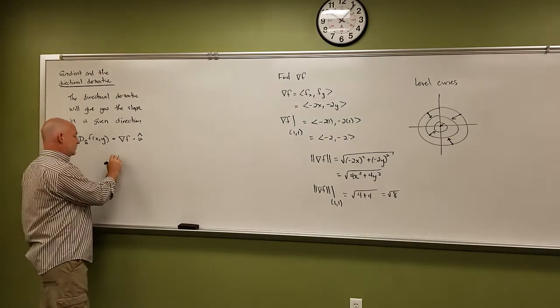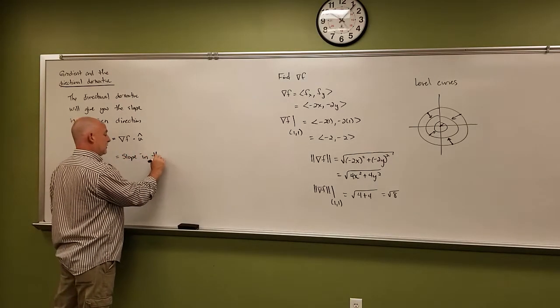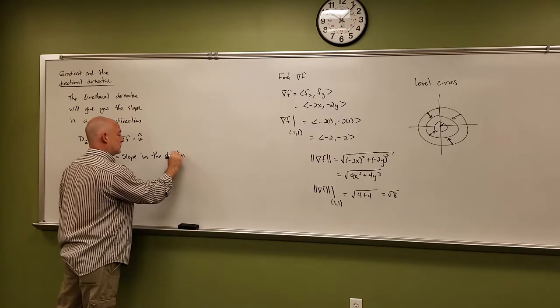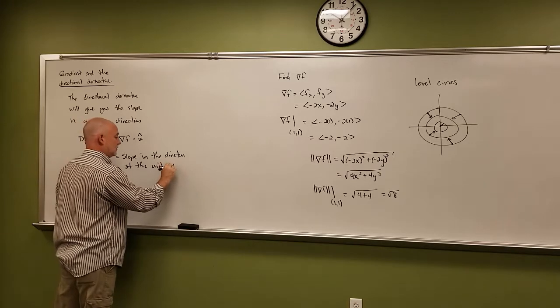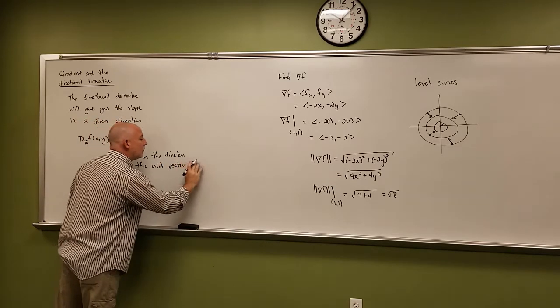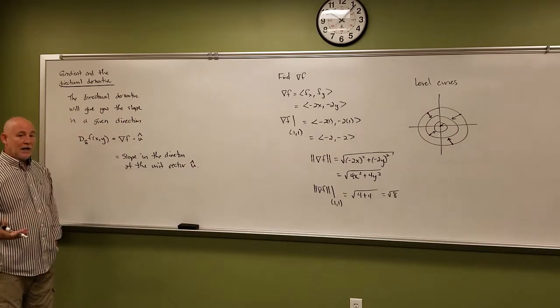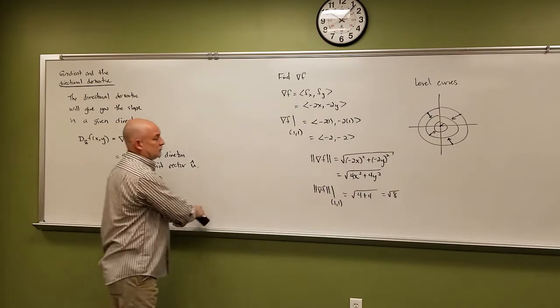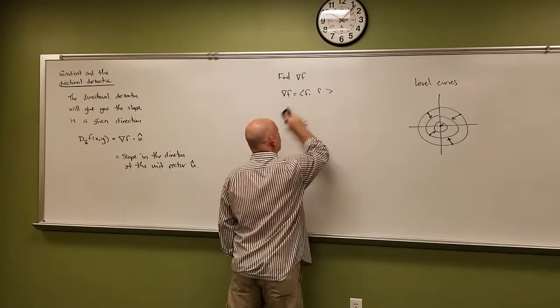So this will give you the slope in the direction of the unit vector u. Let me go ahead and write that as a unit vector. So if you're not given u as a unit vector, you're going to have to, well, find that first. So let's try a quick example of this.